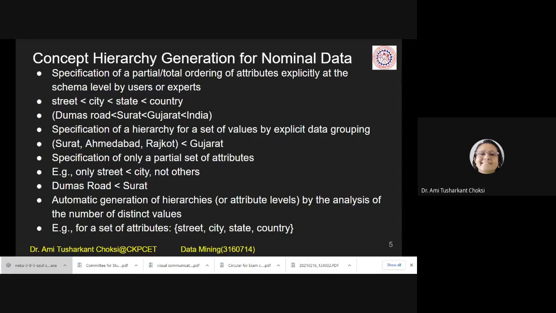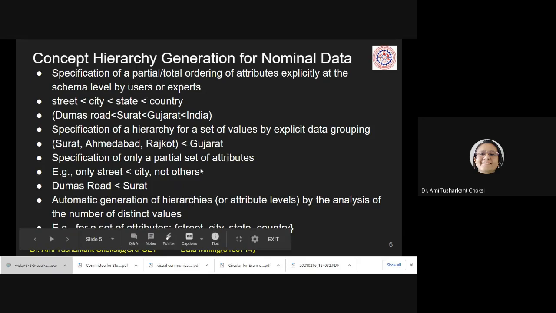Automatic generation of hierarchies by the analysis of the number of distinct values. See how the concept hierarchies are generated. For the concepts which are already known to us, no issue, but automatic generation of hierarchies can be done using the analysis of the number of distinct values.